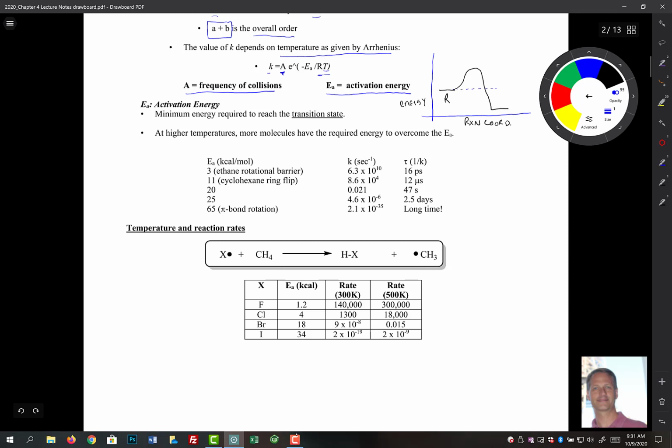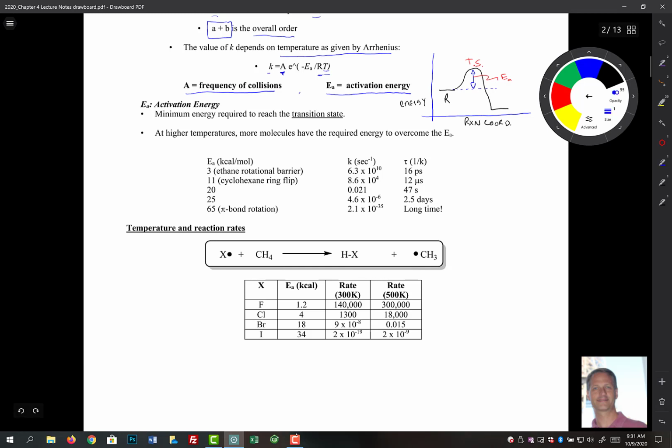So this little hump that we have to climb over here, that is your activation energy, and this at the top is your transition state. Now, if you remember from GChem, this process that I'm showing here would be an exothermic step. We'll look at this in more detail on the next page.